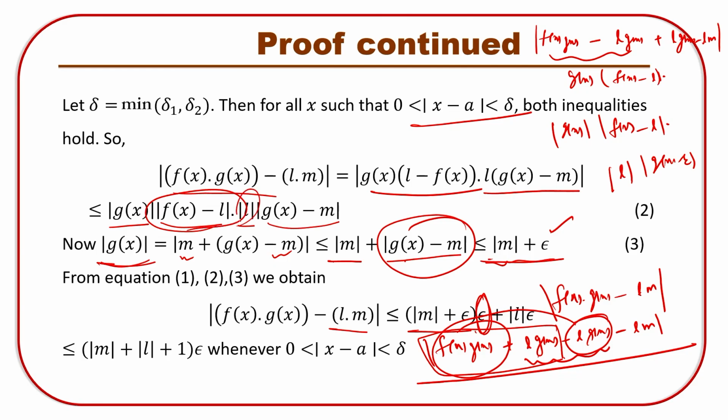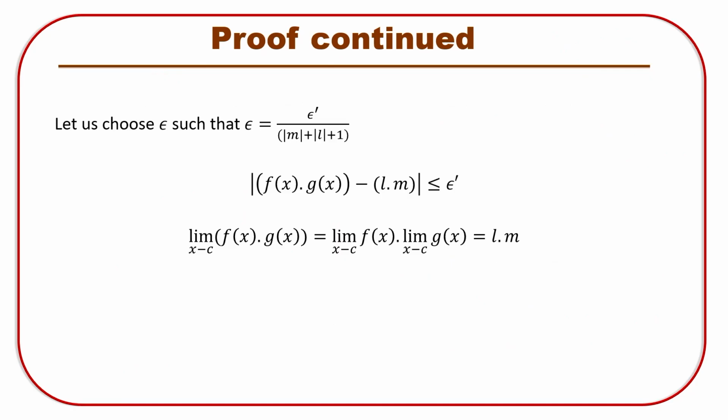Now, this will simplify as (|m| + |L| + 1) into epsilon. Taking epsilon outside, these quantities are fixed, so I can take epsilon as epsilon dash divided by |m| + |L| + 1.